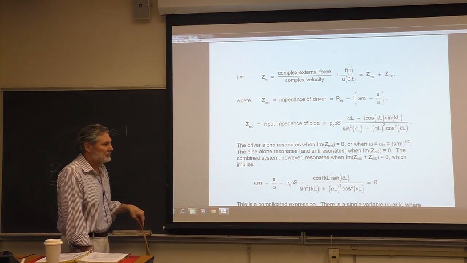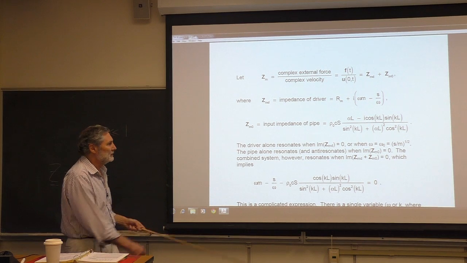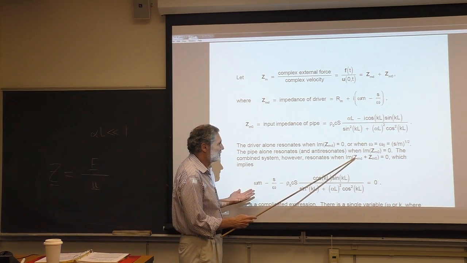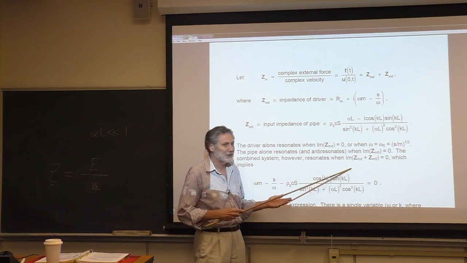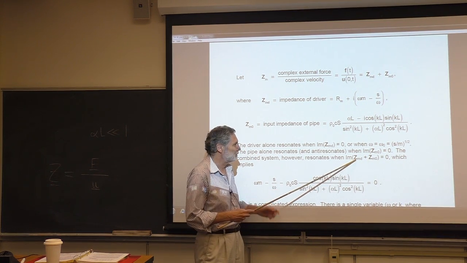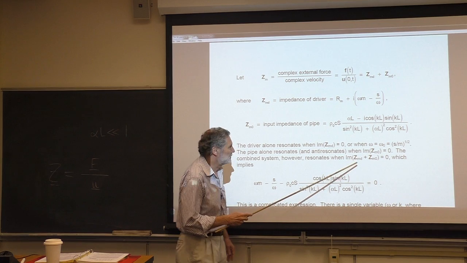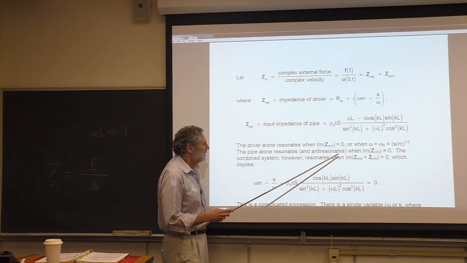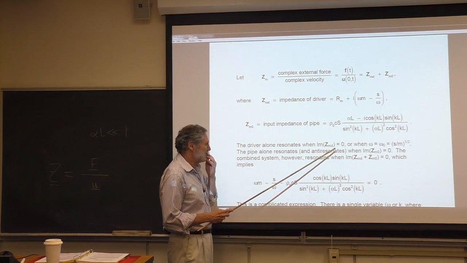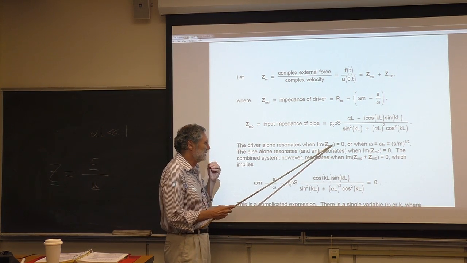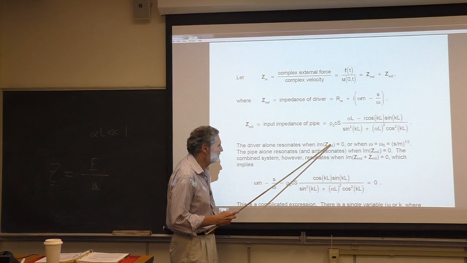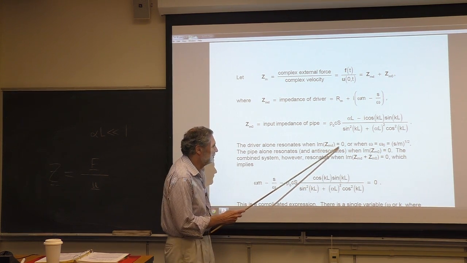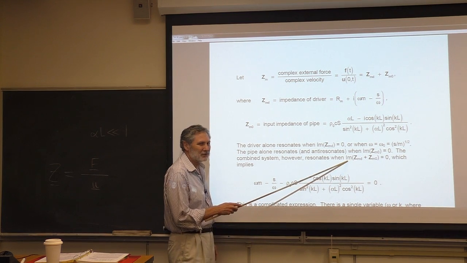The problem before us right now is what happens when we have the combined system. And it's obviously different. Here's our condition for resonance. The total reactance has to be 0. Now that I think about it, this is a sufficient condition. If you assume that their individual reactances are 0, then this will be true.